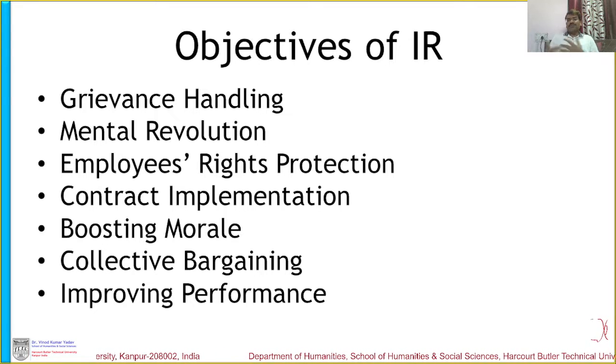So the first and foremost objective is that we talk about the industrial dispute. When a grievance becomes a dispute and an individual dispute becomes an industrial dispute, if you look at the Industrial Disputes Act 1947, now it is the IR codes 2019.